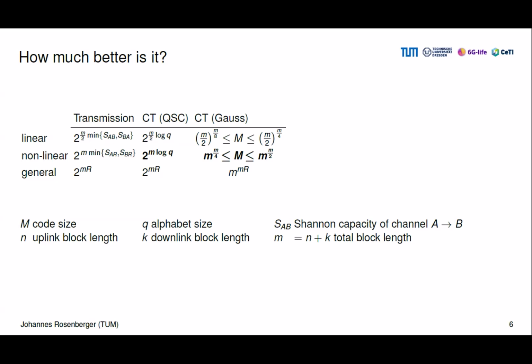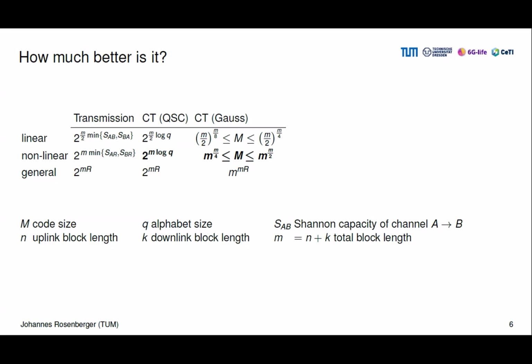So if you need no time basically for the downlink in the nonlinear protocol, but the same time for the downlink in the linear protocol, then you need double the time at least for the linear protocol. And then we have the respective rates with that scaling. So we have here SAR and so on. These are Shannon capacities, so the transmission capacities.